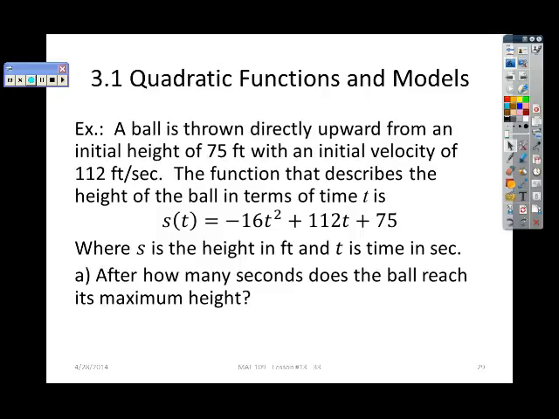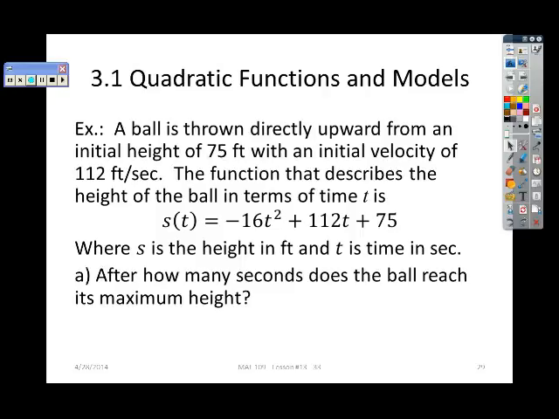Well, how would you go about determining maximum? What you have to recognize is that this is a quadratic function. t squared, t, constant. It's just that it's in t rather than x. But it's a quadratic function. What's the shape of a quadratic function?